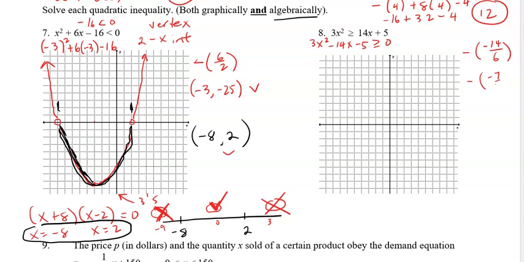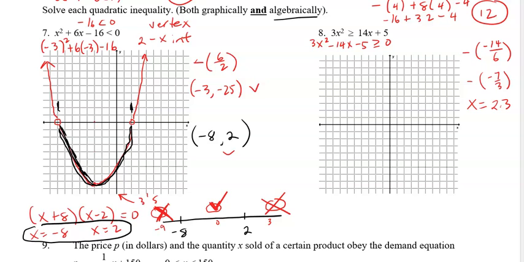This would be -7/3. So that's positive 7/3 for the axis of symmetry. And if you're looking at decimal form, 2.3.